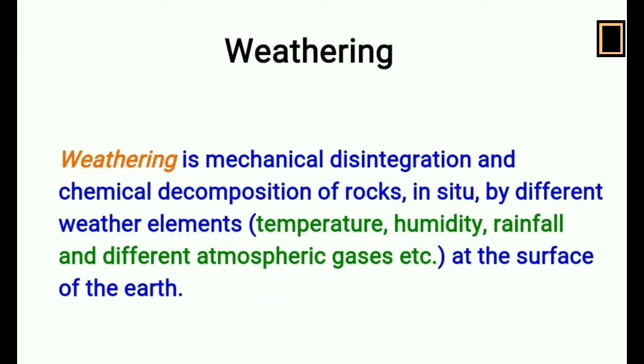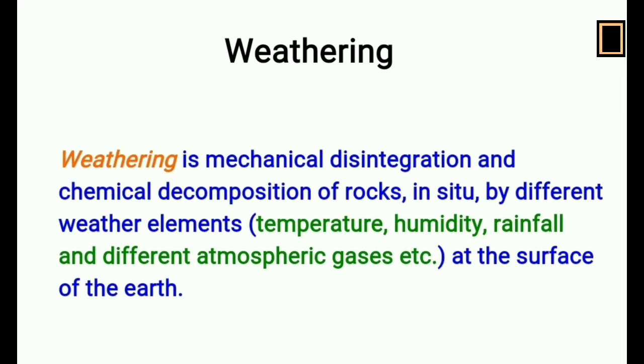Weathering. Weathering is the mechanical disintegration and chemical decomposition of rocks in situ by different weather elements like temperature, humidity, rainfall, and different atmospheric gases at the surface of the earth. Actually, weathering refers to the processes by which rocks get broken down into small fragments when they are exposed on the land surface.